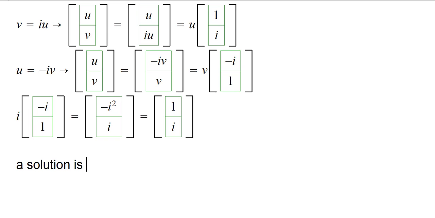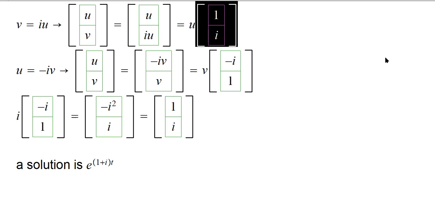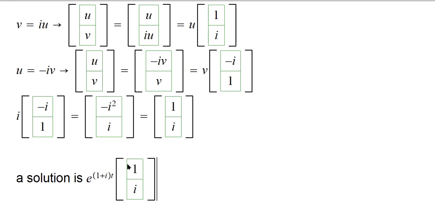We took e, raised it to the power of whatever the eigenvalue is, and multiplied that with the eigenvector. I can take either of the two eigenvectors, and we will arrive at the same conclusion.